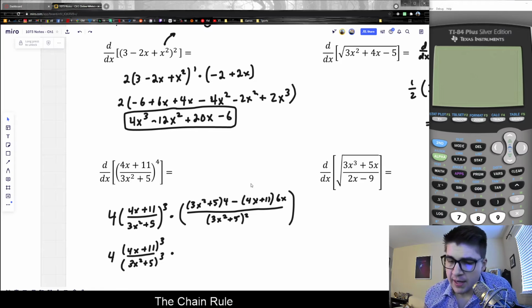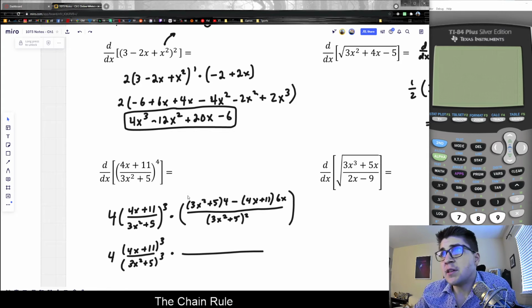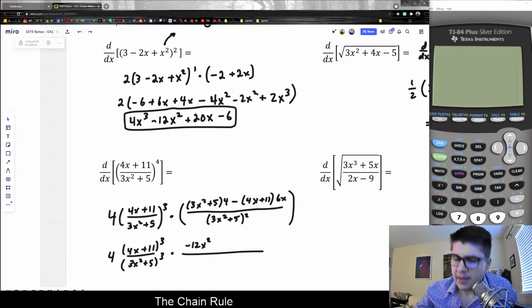In the right case, by distributive property, this would give me 12x squared, and then minus 24x squared. So that's going to end up being negative 12x squared. I'm also going to have minus 66x. And 4 times 5 is plus 20.